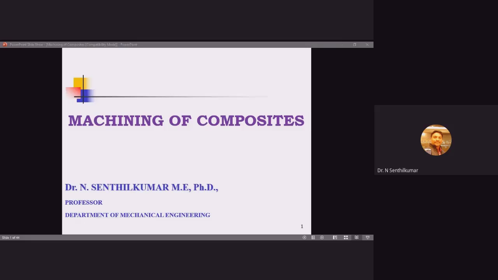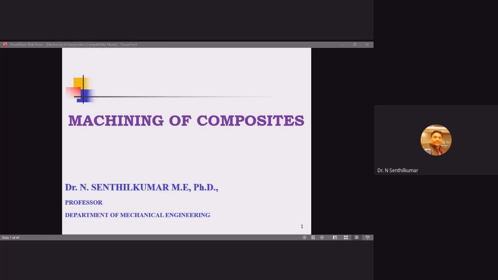Because if I want to produce any component from the bulk material, we have to reduce it to the shape. But with composites or casting processes, even alloys can be made to near net shapes. The difference between alloys and composites is that an alloy is made up of two different materials which, when added together, react and form intermetallic compounds.